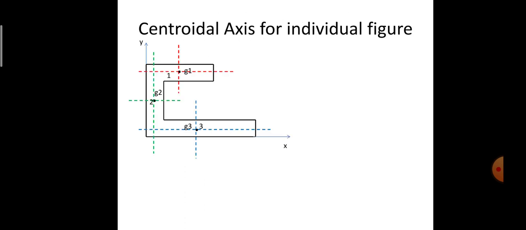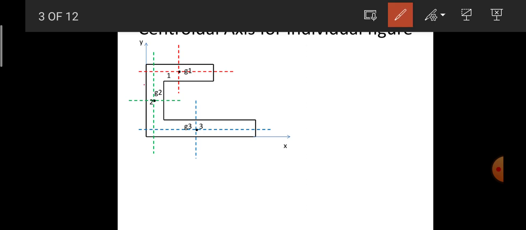This is the centroidal axis for the individual structures, wherein I am dividing the structure into three rectangles. This is the first rectangle, this is the second rectangle, and this is the third rectangle.